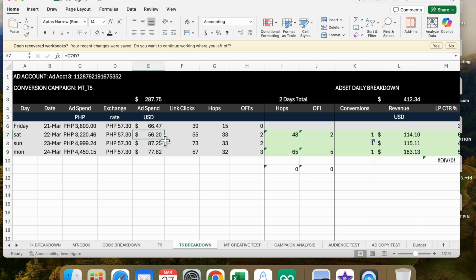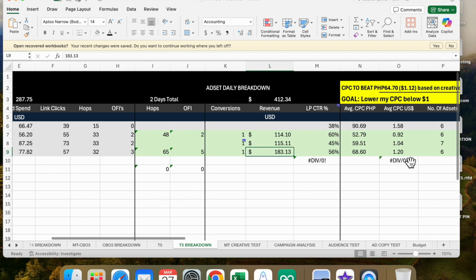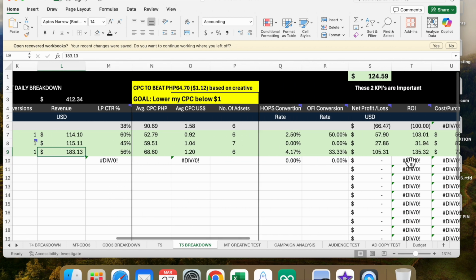I spent 56, but I made $114. And here, I spent 87 on March 23, but I made $115. And here, March 24, I spent $77 and I made $183. So this is how you should treat your business by analyzing your data.